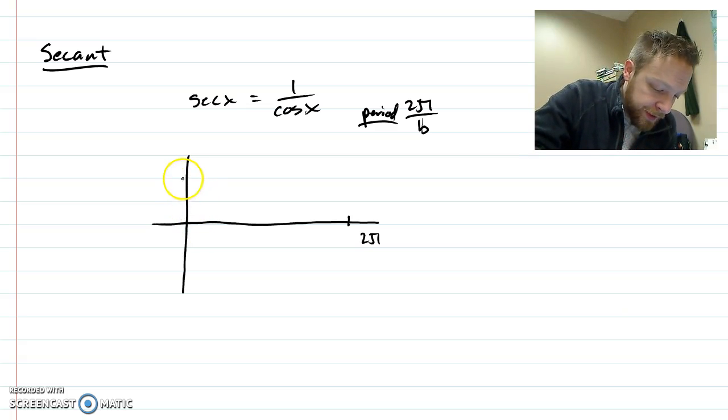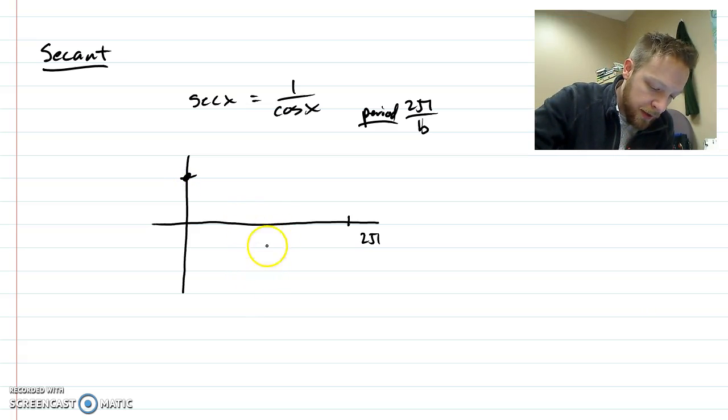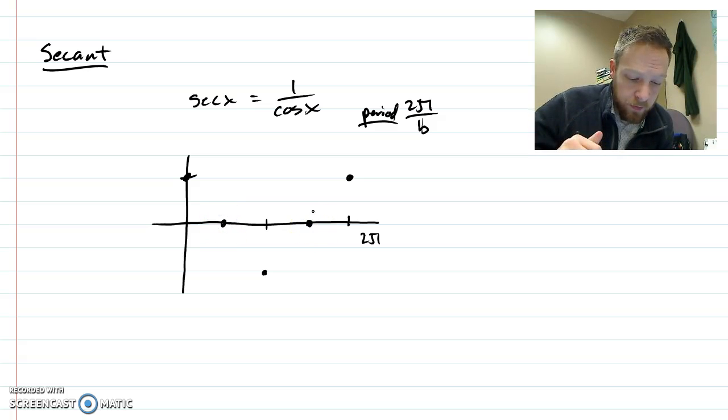Alright, now cosine starts at the higher end of an amplitude, and then halfway it reaches the lower end of the amplitude, and then it returns by the end of the period. That means at halfway points we're going to have this 0. So secant is going to be a lot like the cotangent.